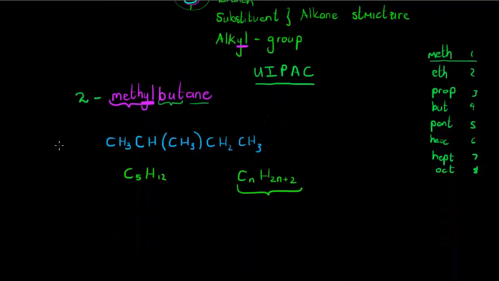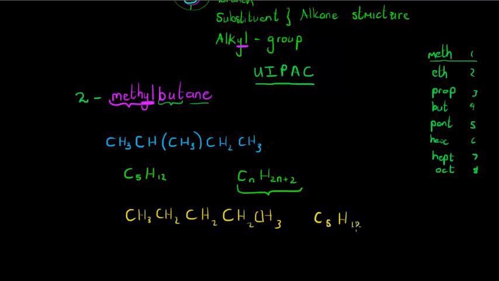So what I want to show you is that if I had rather had CH3CH2, in other words, I'm going to have pentane here. Here's my pentane. 1, 2, 3, 4, 5 carbons, and a total of 12 hydrogens. So here again I've got 5 carbons and 12 hydrogens. Exactly the same molecular formula for both of these.